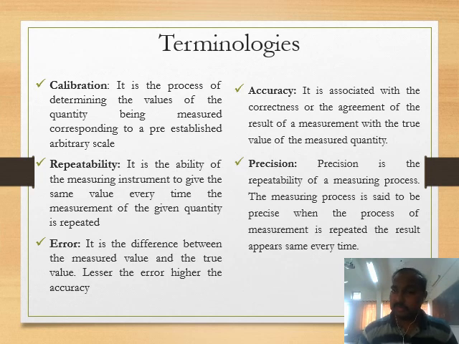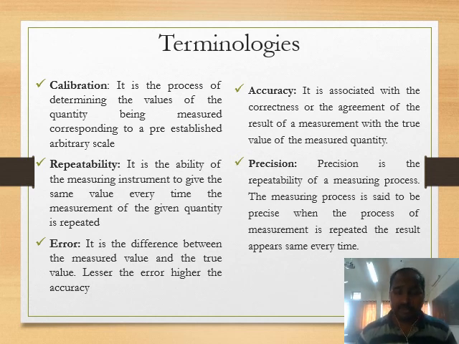Next, about precision. I said 10.01, 10.002, 10.0009. It is giving almost 10.01, 10.02, 10.0009, which is very near. Each value is very near with respect to each other. That is precision.